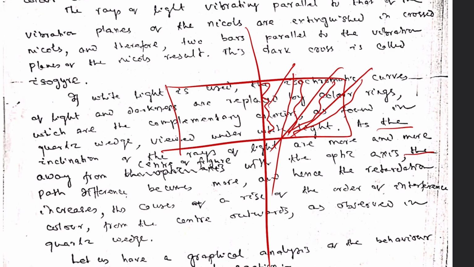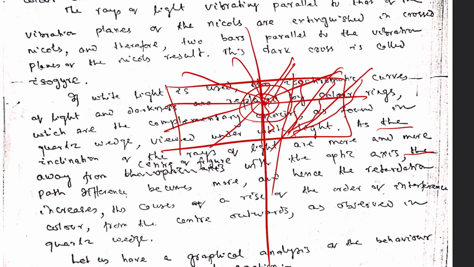So as we move from the center outwards in the rings, we see that the path difference covered by the light in the rings becomes more and more as we move away from the center of the ring outwards in all directions.